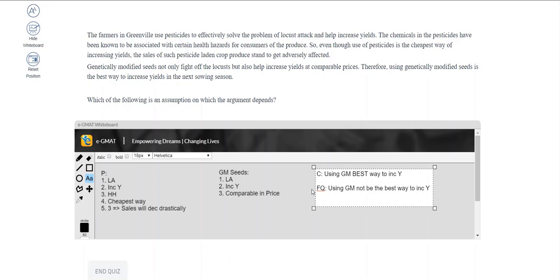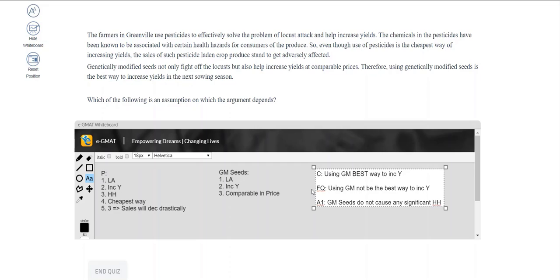In both these cases, you cannot conclude that using the GM seeds is the best way to increase the yield. So the assumption the author is making here is that GM seeds do not cause any significant health hazards the same way pesticides do.